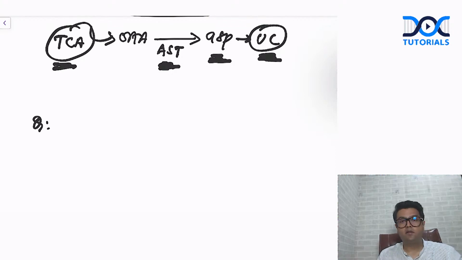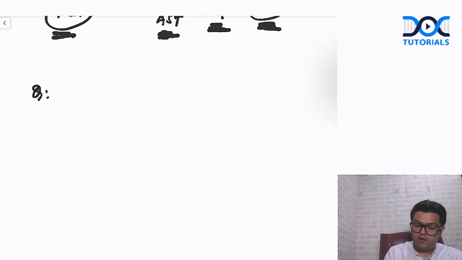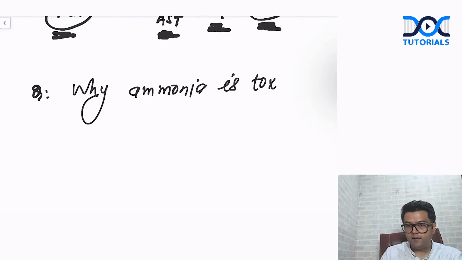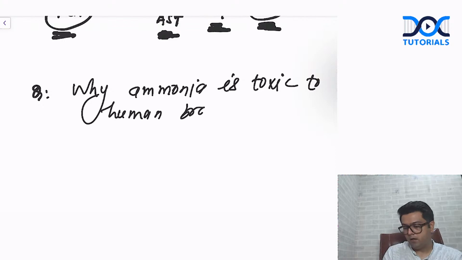Such words, right? You don't have to write them. First, stick to the basic biochemistry. So why is ammonia toxic to the human brain?